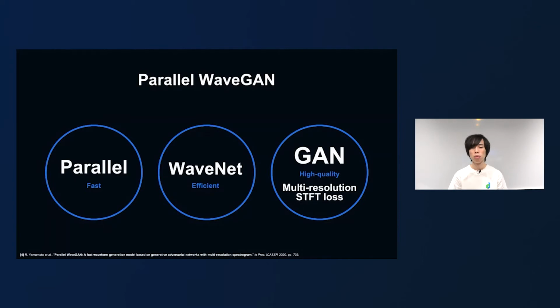As a result, the goodness of WaveNet's model is inherited. The third is GAN. By adopting a method called GAN, high-quality speech synthesis is achieved without the teacher-student two-step training of the conventional method. Training GAN is known to be difficult, but an auxiliary loss function called multi-resolution STFT loss plays an important role in stabilizing training.